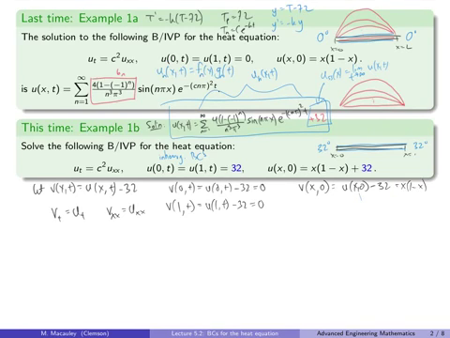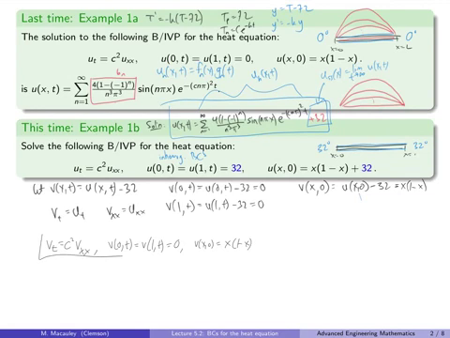times 1 minus x. So in summary, when we change variables, we get that v_t equals c squared v_xx, subject to the boundary conditions v of 0, t equals v of 1, t equals 0, and the initial condition v of x, 0 equals x times 1 minus x.